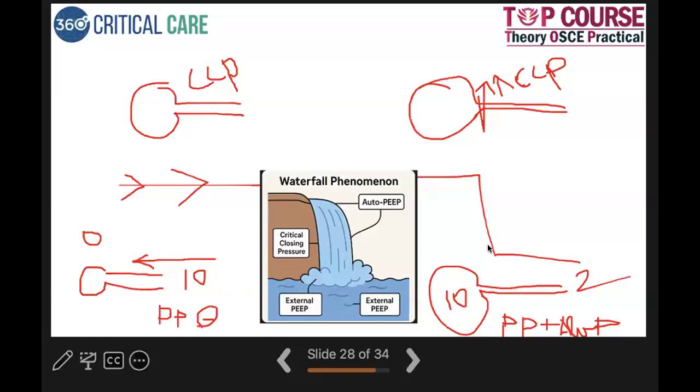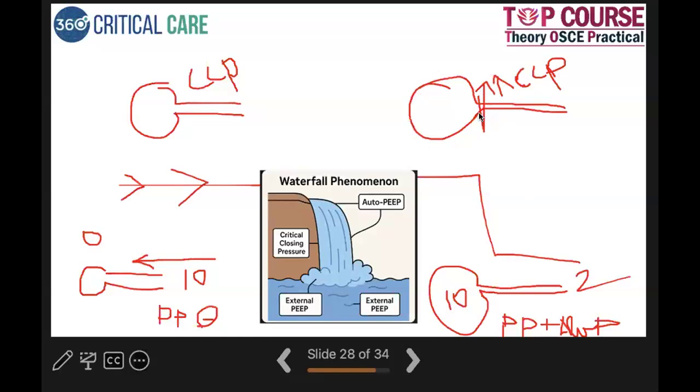Now, coming on to the COPD patient. We saw that COPD patients have an anatomical destruction or a genetic abnormality, because of which there are choke points in the airways, right? So the alveolus is very big because of the auto PEEP.